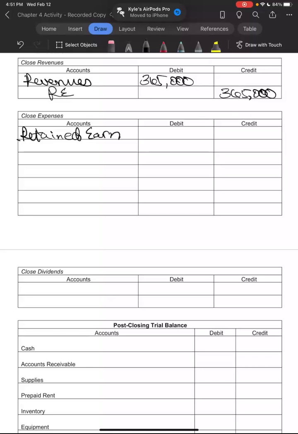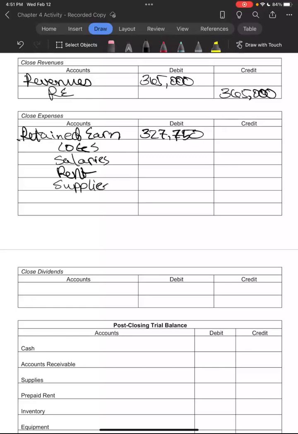And if we added all of our expenses up, they'd be $327,750. Okay. What are those expenses? Well, we had COGS, we had salaries, we had rent, we had supplies, we had depreciation, and we had interest.